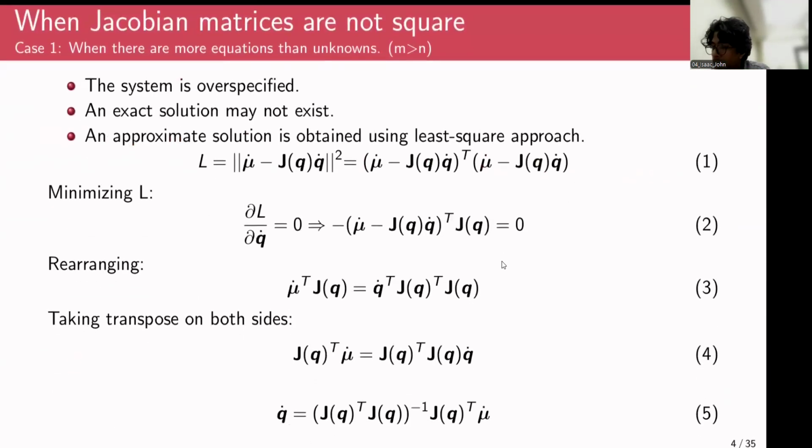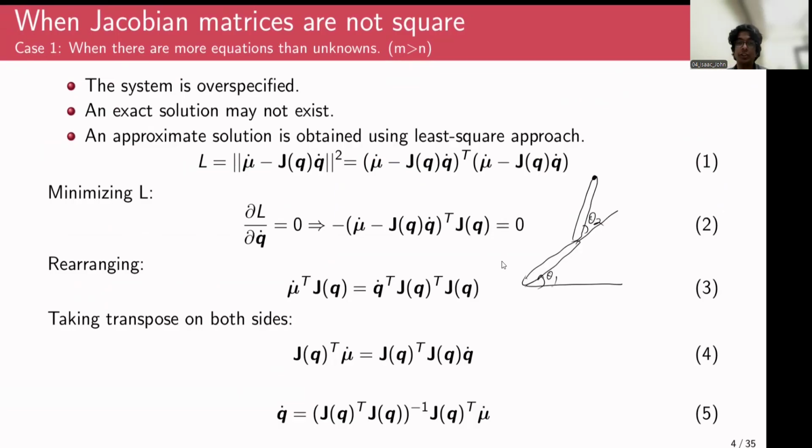And yeah, so we have seen cases when the Jacobian matrix is square. For example, if you have a robotic manipulator like this, with 2 links and 2 degrees of freedom, maybe I'll call the first angle theta1 and the second angle theta2.